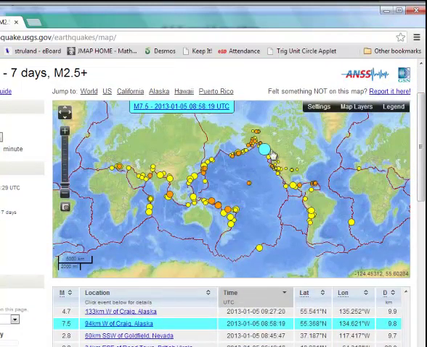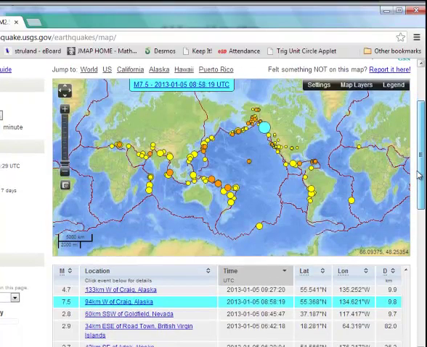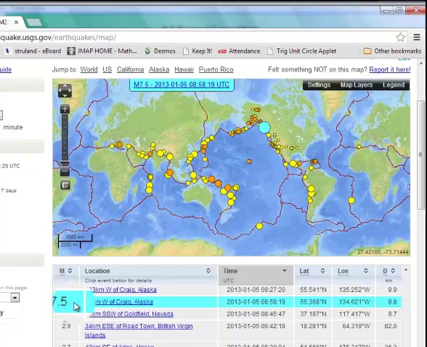The one I have pre-clicked was the biggest one that's happened in the past 7 days. It was a 7.5 on the Richter scale, in Alaska on January 5th.